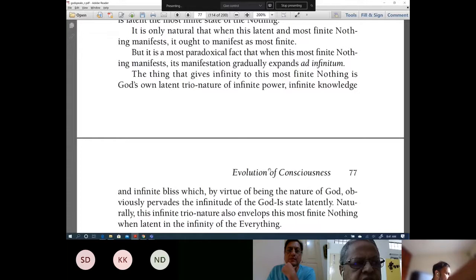We agreed to that three paragraphs above, saying nothing is finite. But he says nothing in the context of the trio nature of God is expanding to a point where it expands ad infinitum. That's what I got till now. Let's continue.